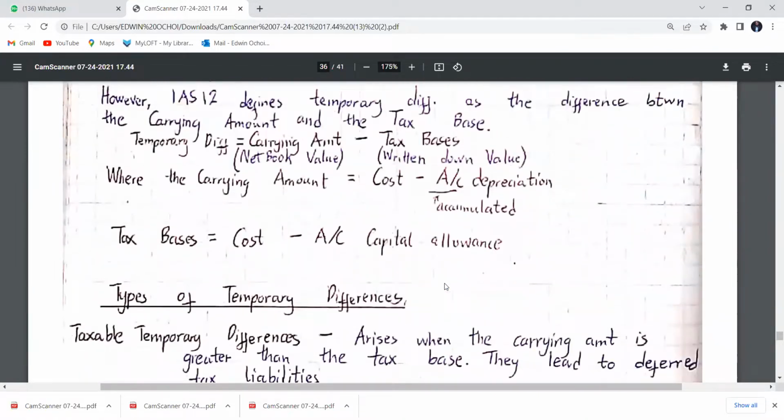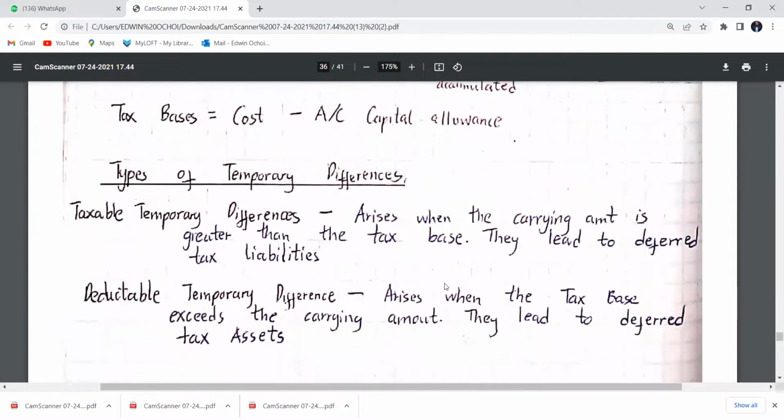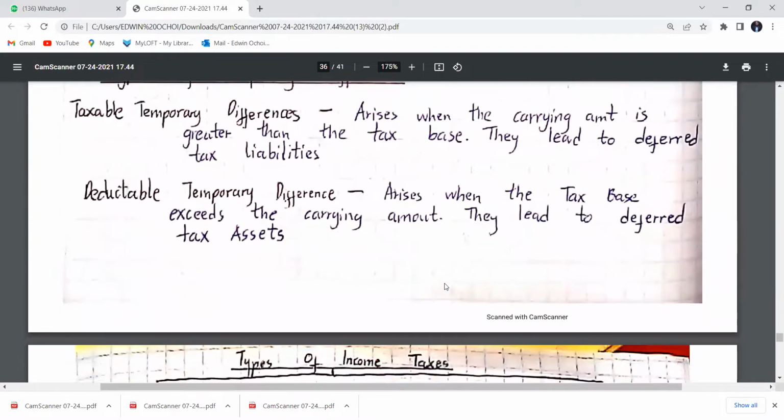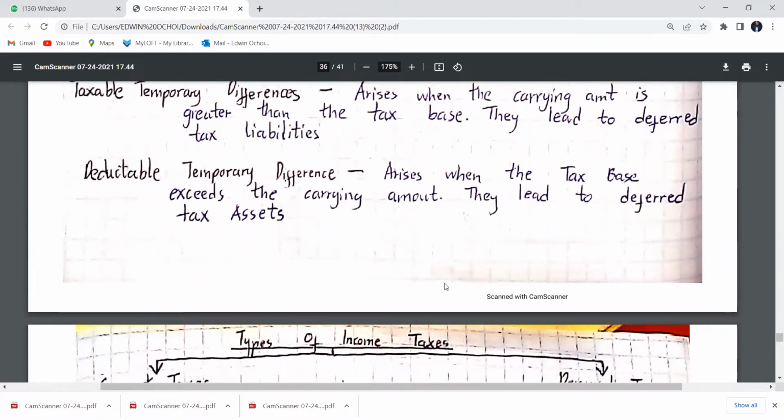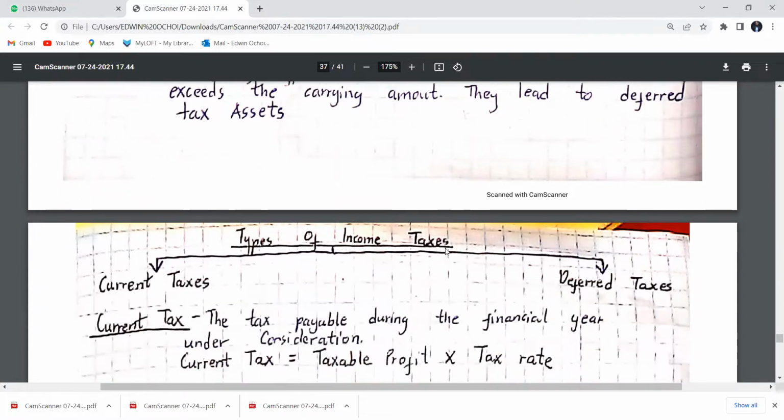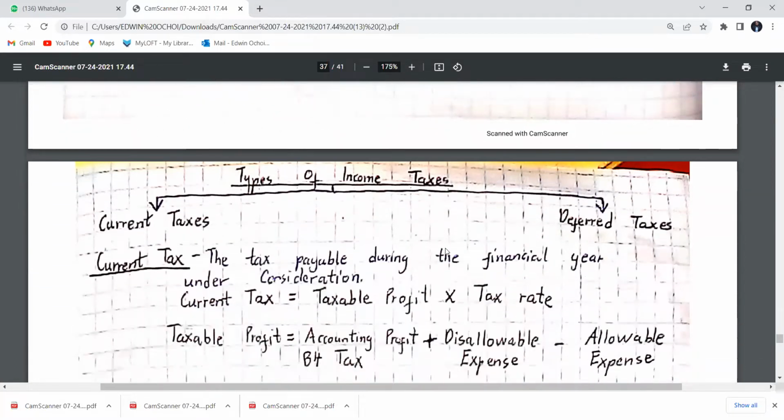I have explained the types of temporary difference: taxable, where the carrying amount is greater than the tax base, leading to deferred tax liability; and deductible, where the carrying amount is less than the tax base, meaning the tax base exceeds the carrying amount, leading to deferred tax asset.